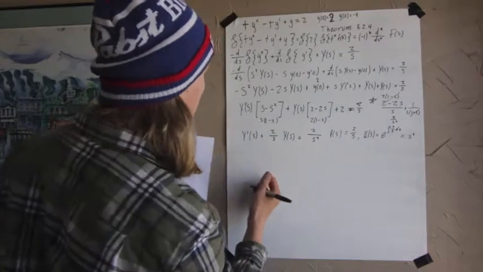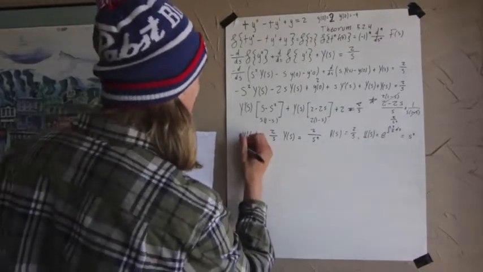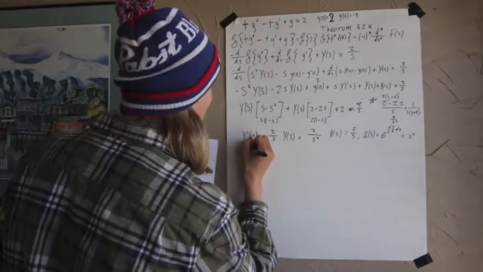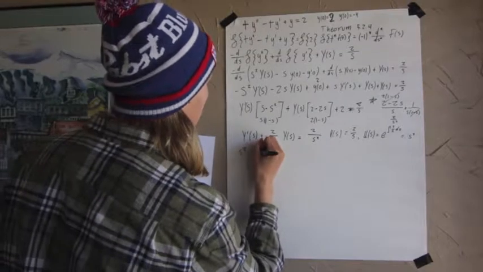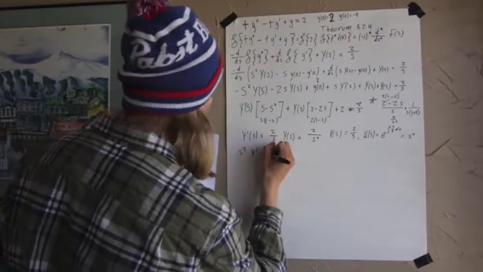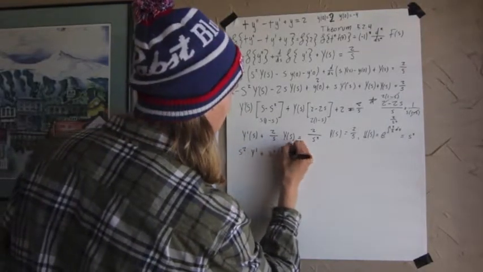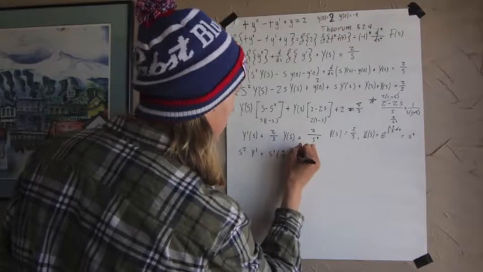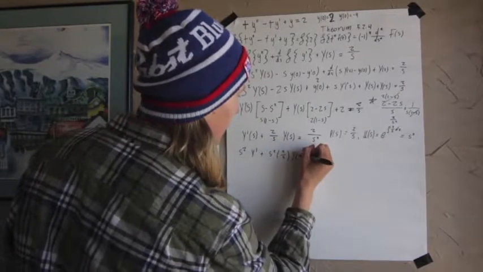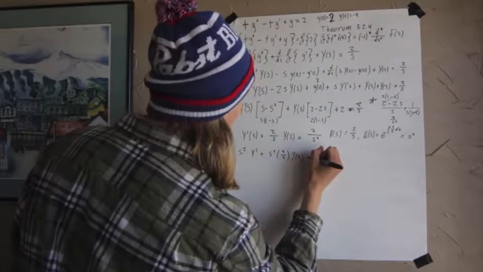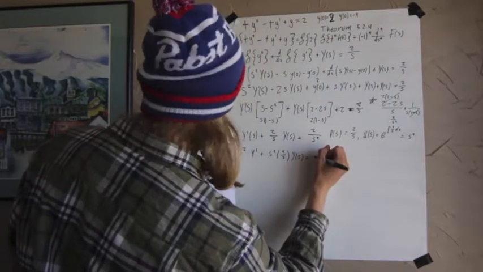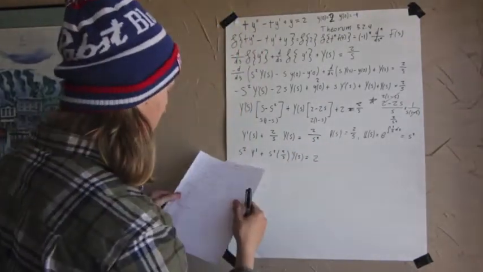Easy enough. Multiplying this by each term in our expression, s squared times Y prime plus s squared times 2 over s times capital Y of s equals s squared times 2 over s squared, which is 2.